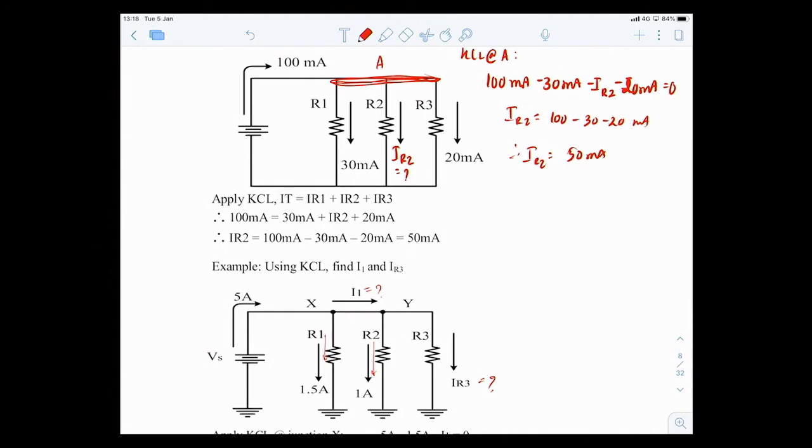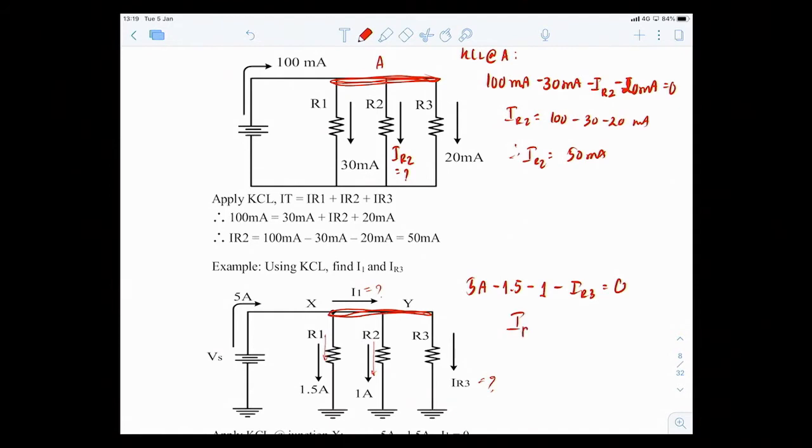You have to be able to identify the node. You identify this node right here. 5 amps going into the node, positive. 1.5 is leaving, so minus 1.5. Minus 1. Minus IR3 equal to 0.